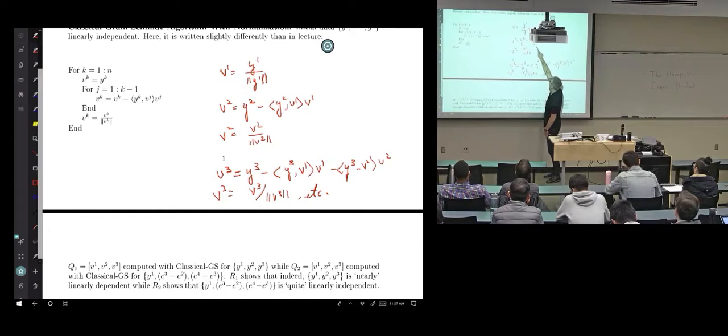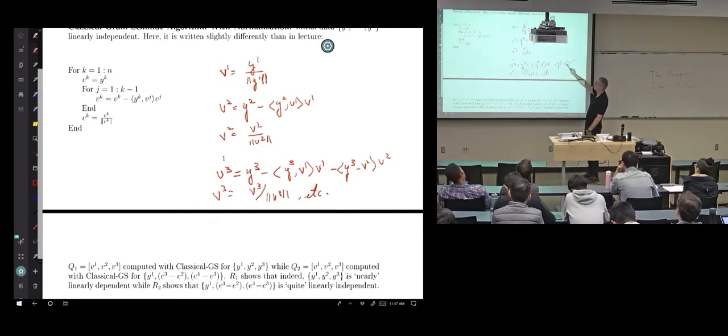I don't need to divide by the norm of V1 because it's already 1, and multiply it times V1. So this V2 is Y2 minus the projection of Y2 on V1. Then I make that length 1. And my new vector V3 is Y3 minus the projection of Y3 on V1 minus the projection of Y3 on V2. And then I normalize that. So that's the standard Gram-Schmidt.